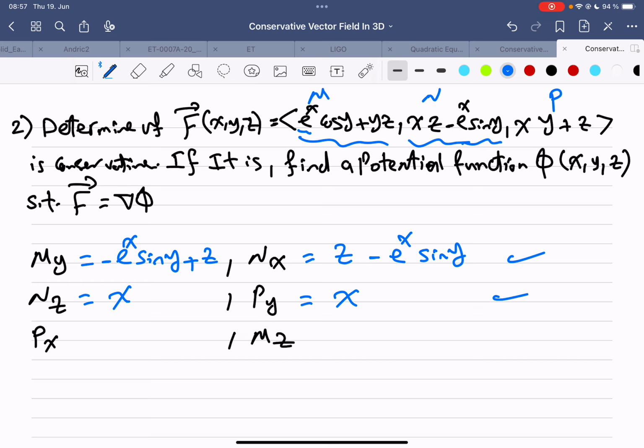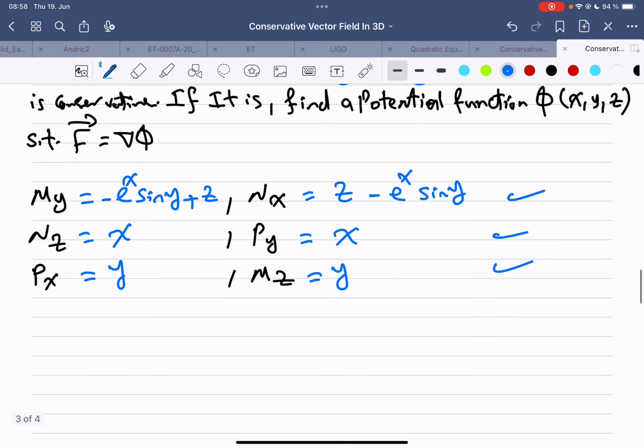Third condition, b_x: when you differentiate this term with respect to x, it will give you y. When you differentiate m with respect to z, the first term will give you 0, the second term will give you y. So also b_x equals m_z.